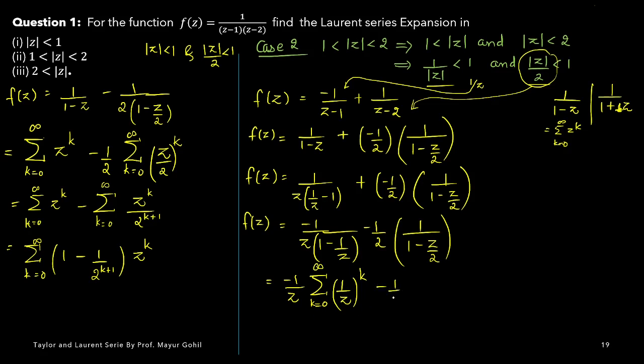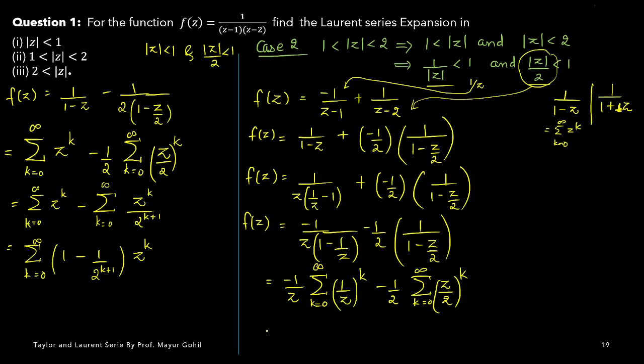And minus of 1 by 2, and here the whole thing is the same: summation, instead of z, I have z by 2, so z upon 2 whole to the power k, k going from 0 to infinity.